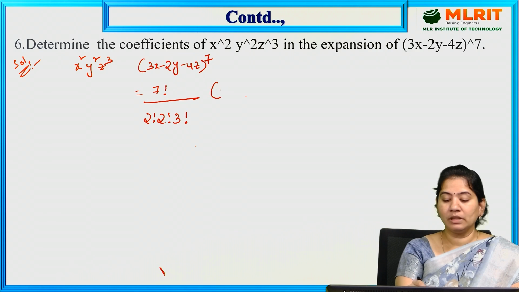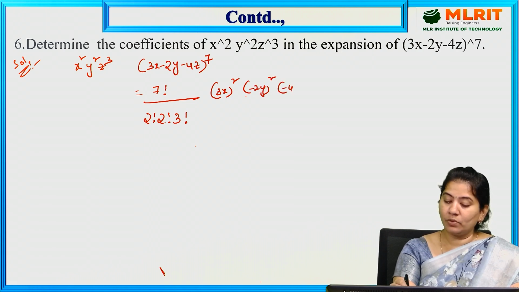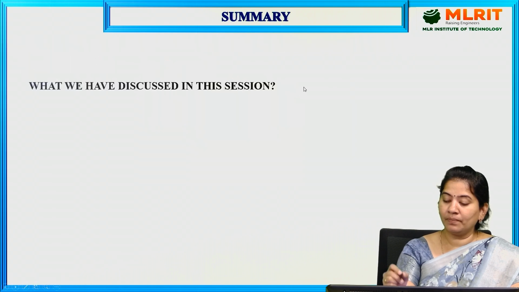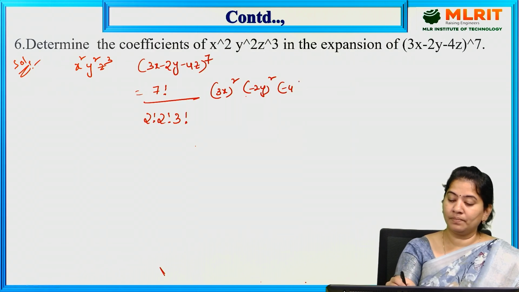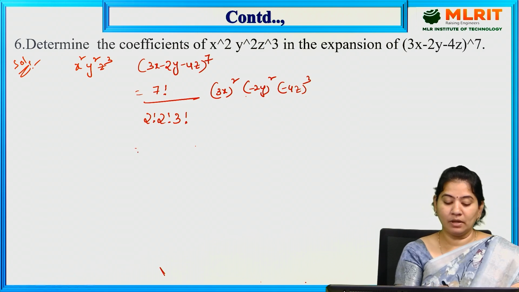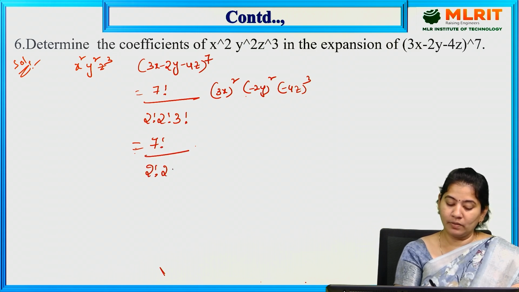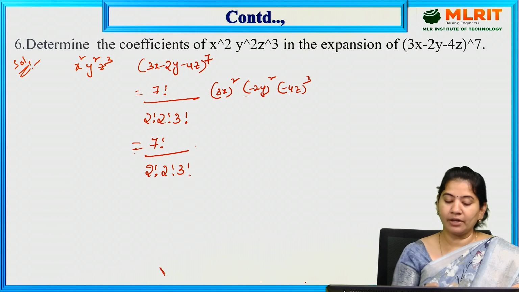So now (3x) whole power 2, (minus 2y) whole power 2, (minus 4z) whole power 3. So now here 7 factorial by 2 factorial, 2 factorial into 3 factorial.